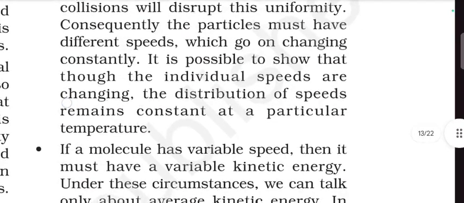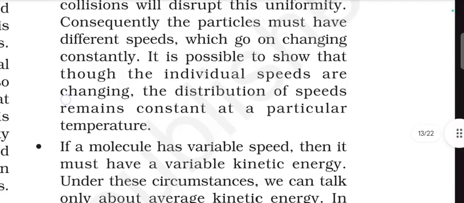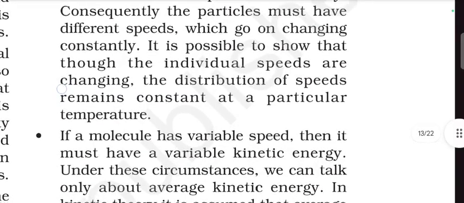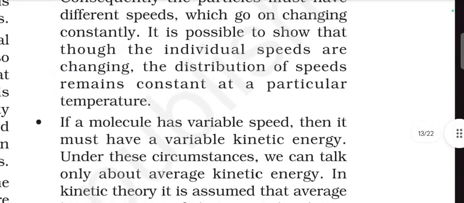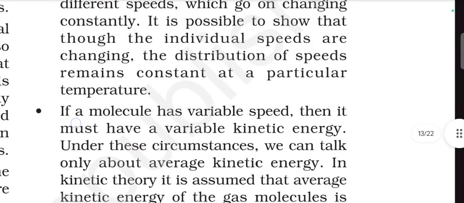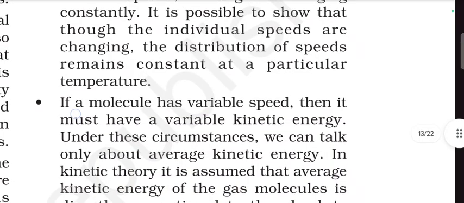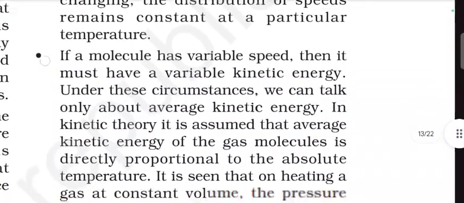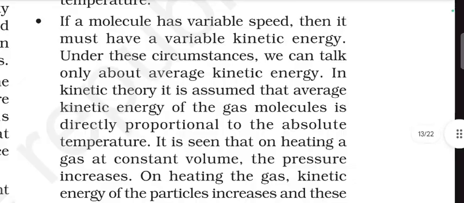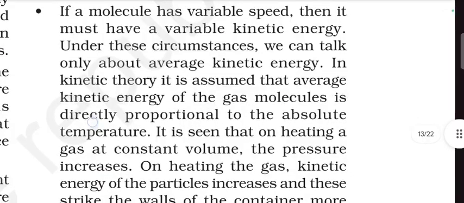Consequently, the particles must have different speeds which go on changing constantly. It is possible to show that though the individual speeds are changing, the distribution of speeds remains constant at a particular temperature. If a molecule has variable speed, then it must have a variable kinetic energy.